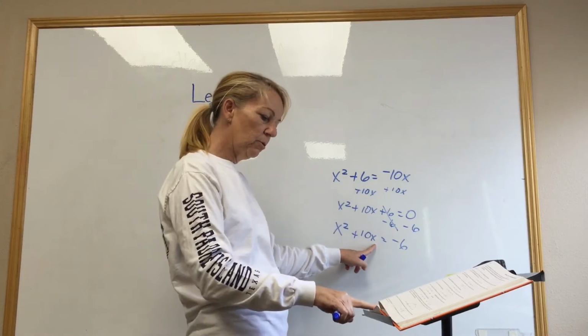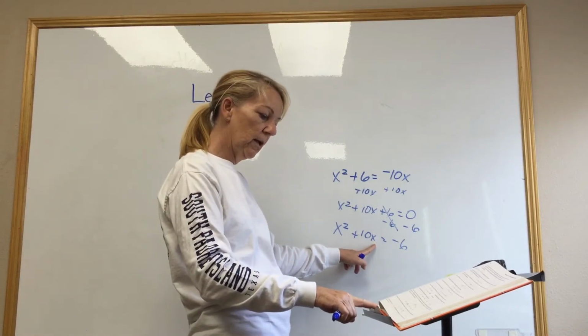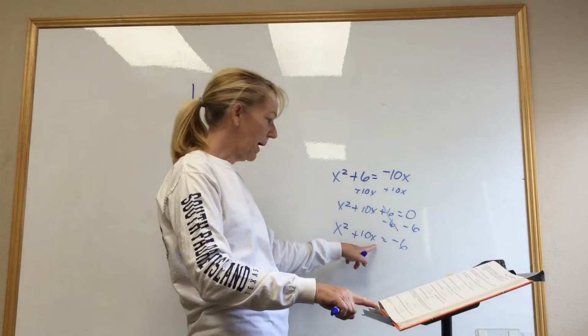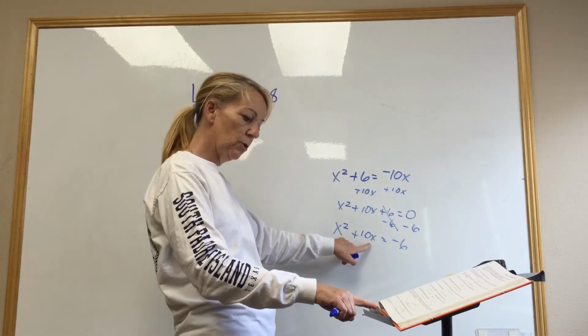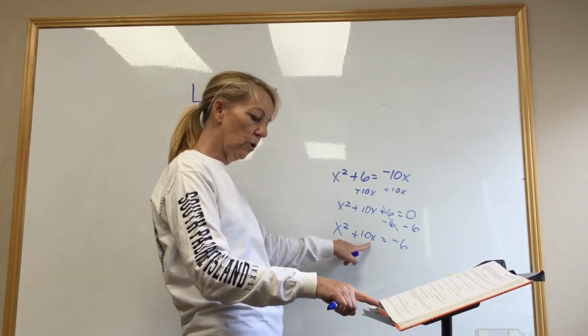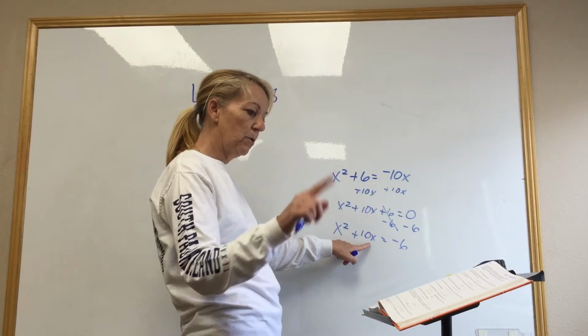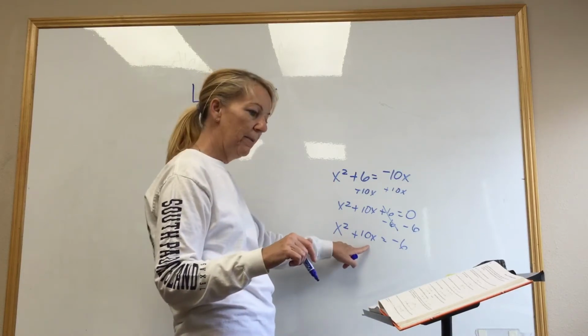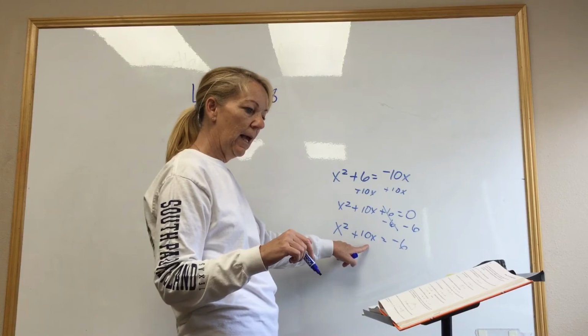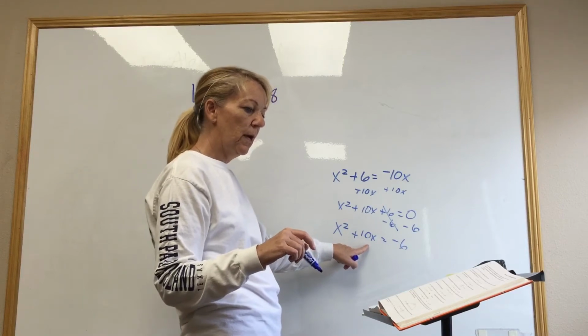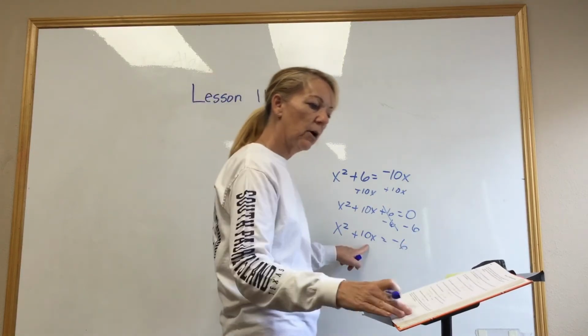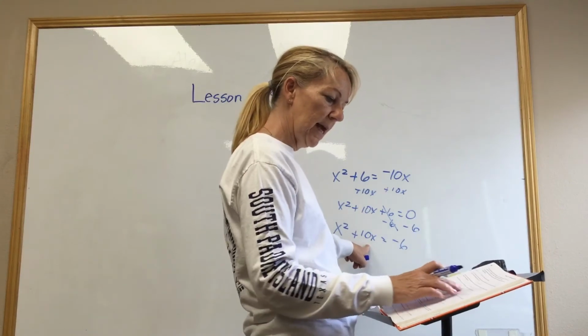It tells us, number 3, divide the coefficient of the x term by 2. We're going to divide this by 2 and then square the result and add that to both sides of the equation. So I'm going to take that 10x, divide it by 2 and square it. Over here on page 497, you can see how they did that.